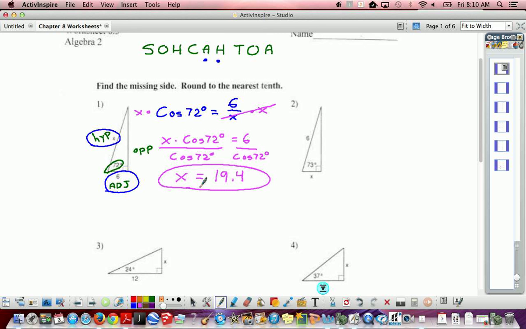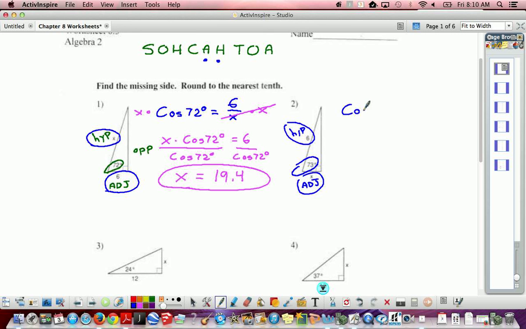All right, continuing on, number 2, same process. Notice how they give us the 73 degree angle, and they actually give us the same sides, but they flipped them down. So I'm just going to pick this up a little bit pace-wise. So here's our adjacent, here's our hypotenuse. So I now know that I'm using cosine again.